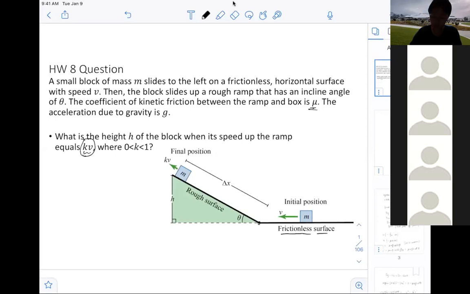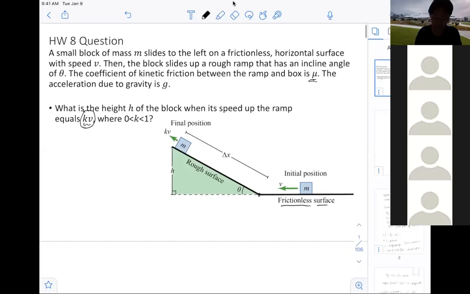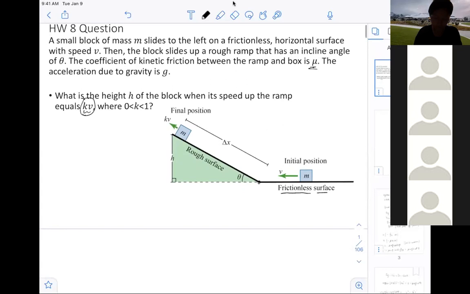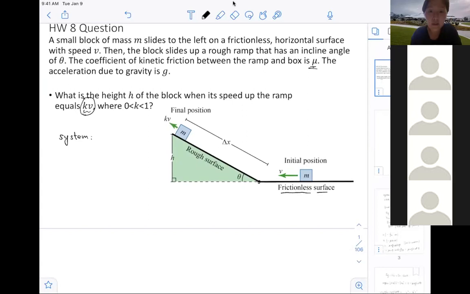What system do you want to choose? Anybody would like to give us a choice? I think it would be a little easier if we included the Earth and the box.